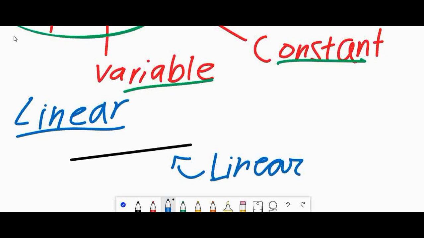So in math, a linear equation means that when the equation is drawn on a graph, all the points, all the values, will form a pure straight line. That's what it means by linear equation, and that's what it means by linear.